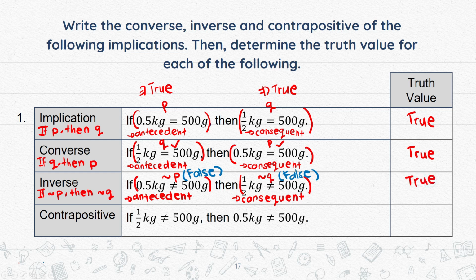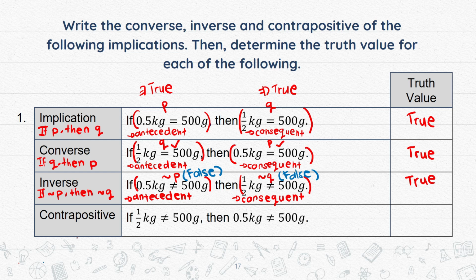This is the difference from compound statements. If a compound statement has and or, and both statements are false, then it is false. But for the implication, if the antecedent is false, then the whole implication is still true.